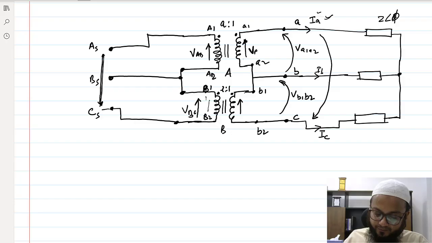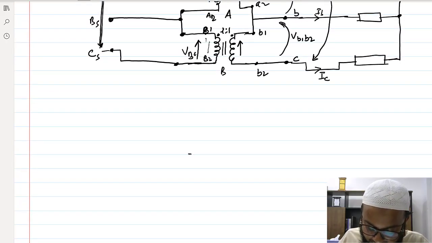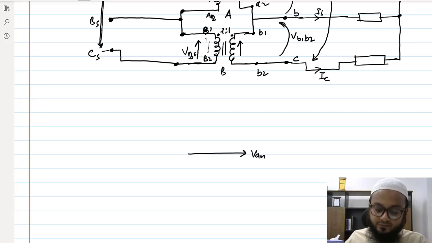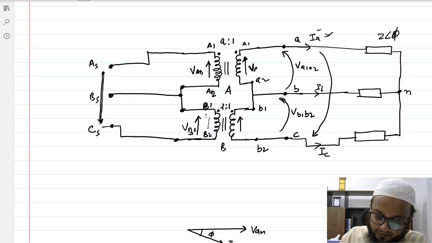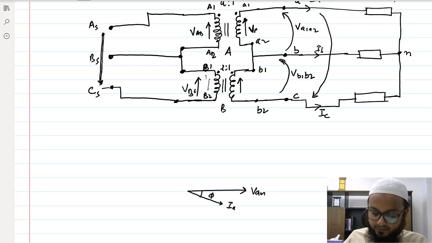So obviously if I draw the phasor diagram for it, let's say VAN, if it is in this direction, IA would be lagging to it by an angle of phi, right? VAN, this is the neutral point, this is the terminal, VAN into IA. IA will lag the VAN voltage by an angle of phi.